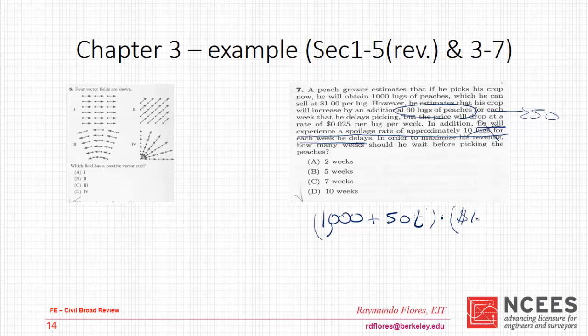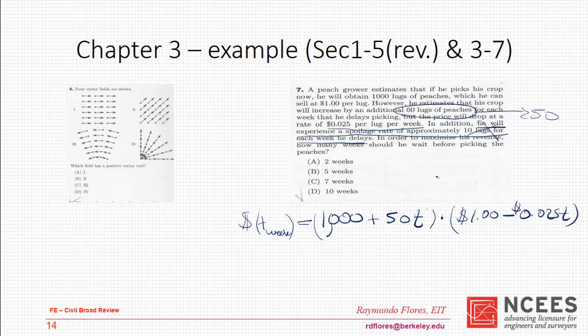So you take $1, and because each week he delays it's going to drop by 0.025, that's 0.025 times t, because it says per week. And the 60 portion is also per week. So that's going to be the money at time t, for the week.